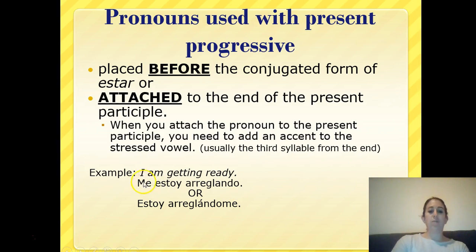In our first example, it just goes before the conjugation of estar. Or you can attach it to the end, arreglándome. And in order to keep the same emphasis on the right syllable, we have to write a written accent at this A. Usually you go 1, 2, 3 syllables, which turn into 3 vowels from the end.